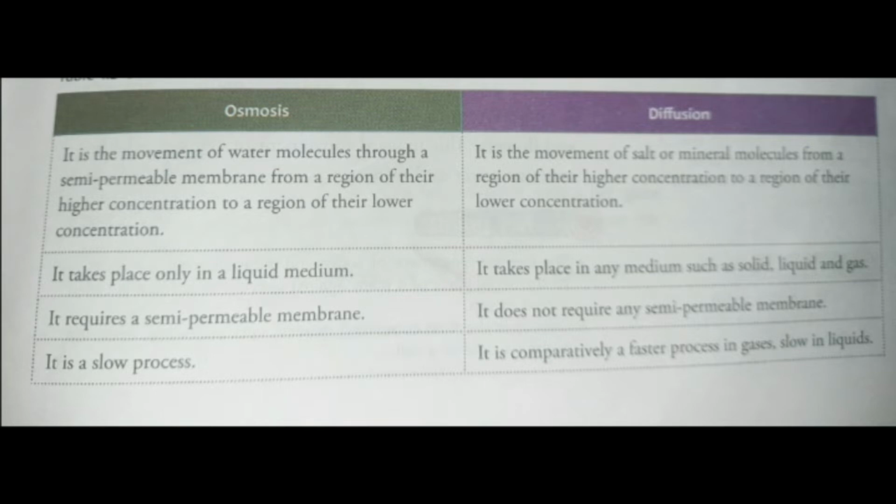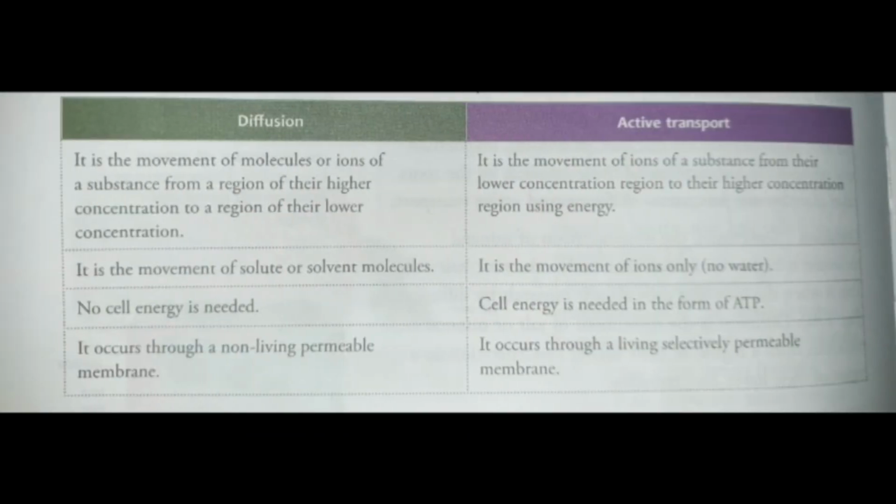Osmosis is a slow process, but comparatively diffusion is a faster process in gases, and slow in liquids. The second difference is between diffusion and active transport.